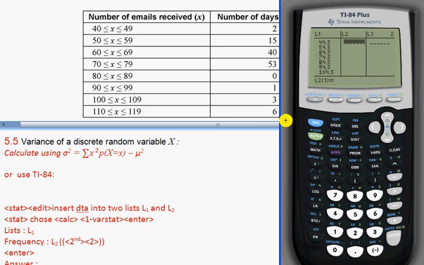Oops, 53 didn't work, so we move up. 53, enter. 0, enter. 1, 3, 6.